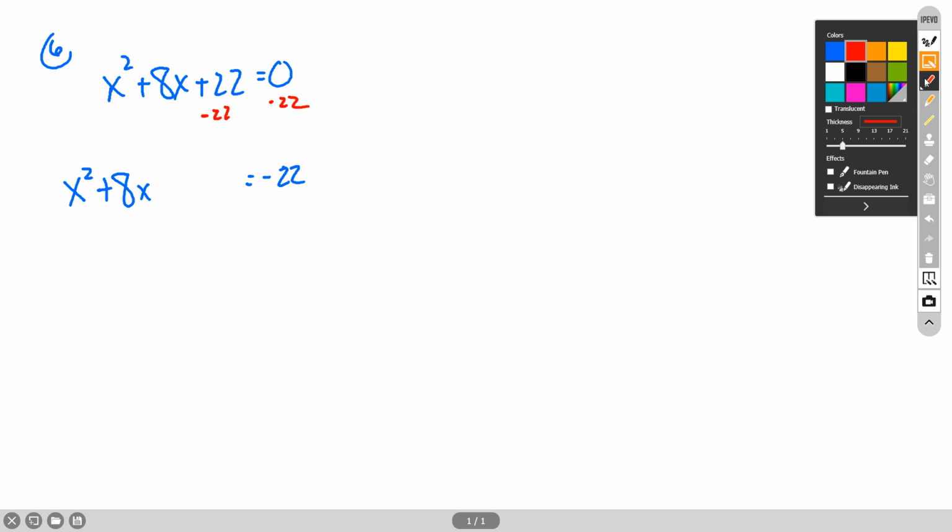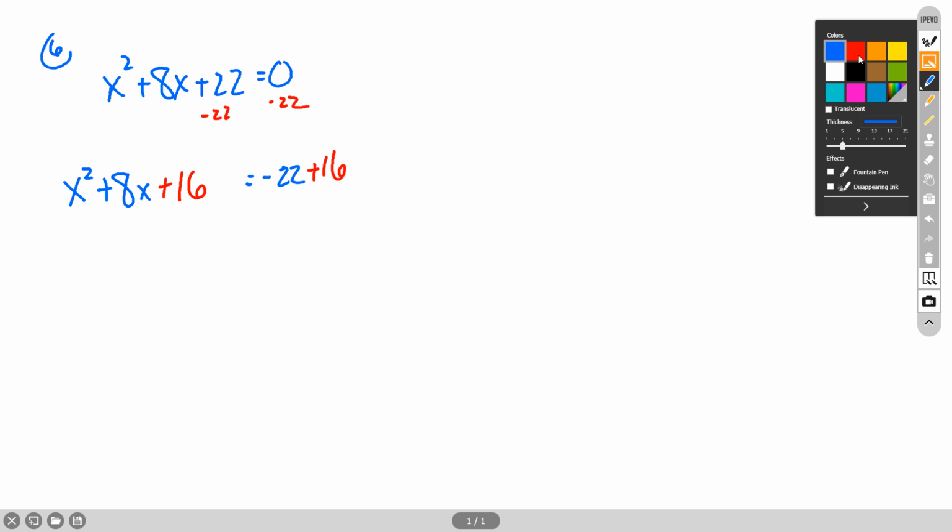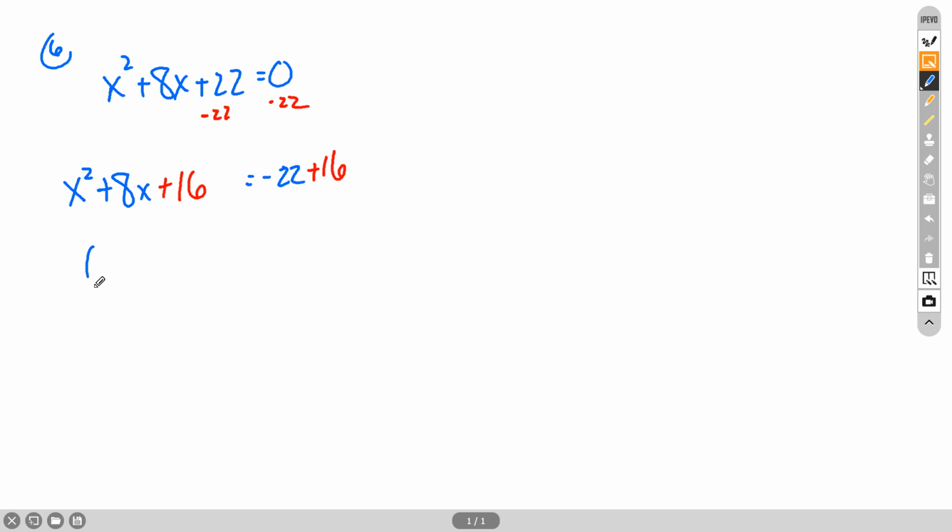Now I need to complete the square. So half of 8 is 4, and 4 squared is 16. So I'm going to add 16 to both sides. And that's going to cause the left side to factor into the perfect square x plus 4 squared. On the right side, I have negative 6.